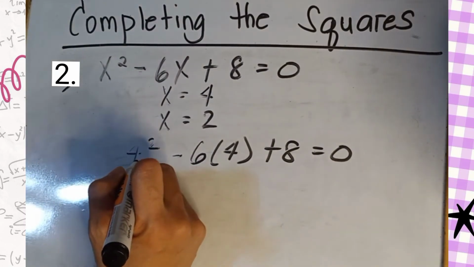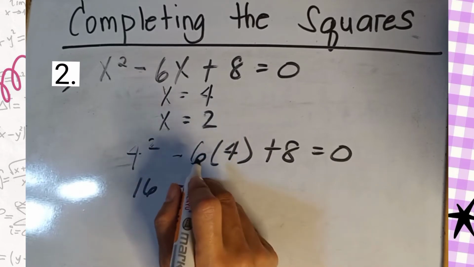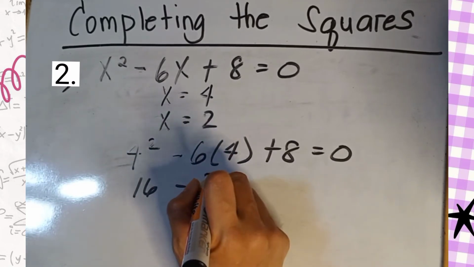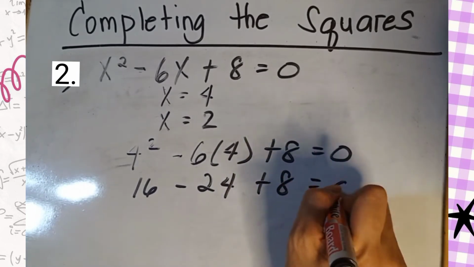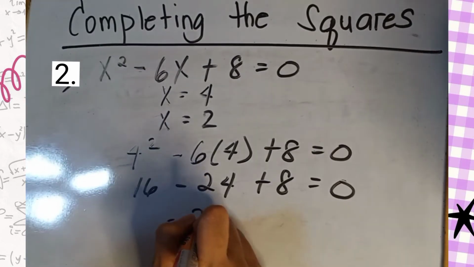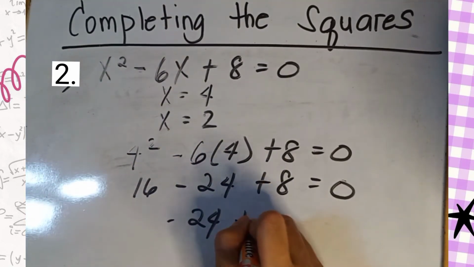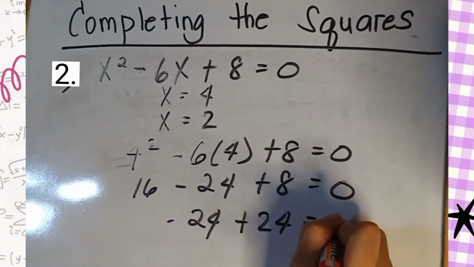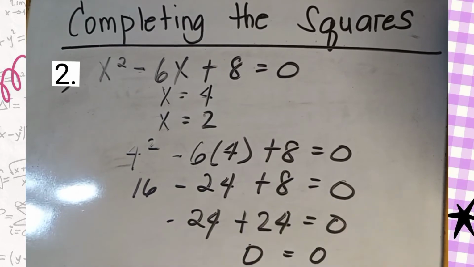So, 4 squared, that is 16, minus 6 times 4, that's 24, plus 8 is equal to 0. So, negative 24, 16 plus 8, that is positive 24 is equal to 0. So, 0 is equal to 0. So, therefore, x is equal to 4 is correct.